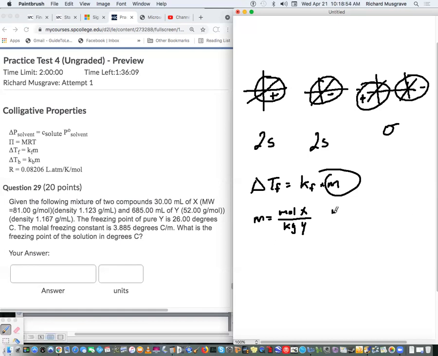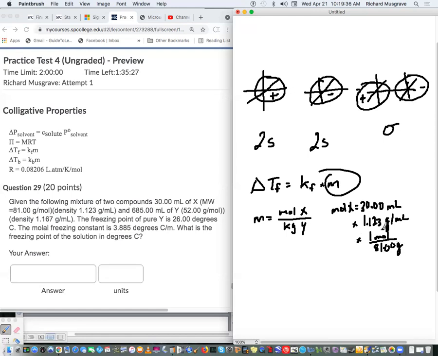For the moles of X, we need the grams of X. We have the mL, so we can do 30.00 mL times the density, which is 1.123 grams per mL, times 1 mole over the molecular weight, which is 81.00 grams.